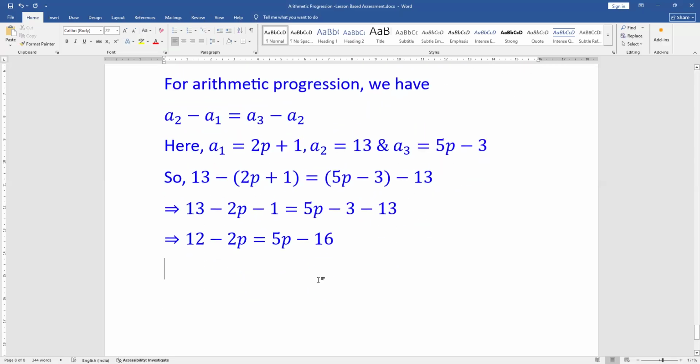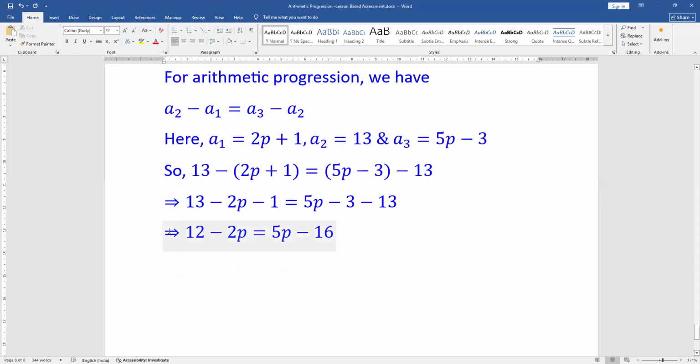In my next step, I am going to move all the variables to one side and all the constant terms to the other side. So I write minus 2p, then the 5p we move to the other side, minus 5p equals minus 16.